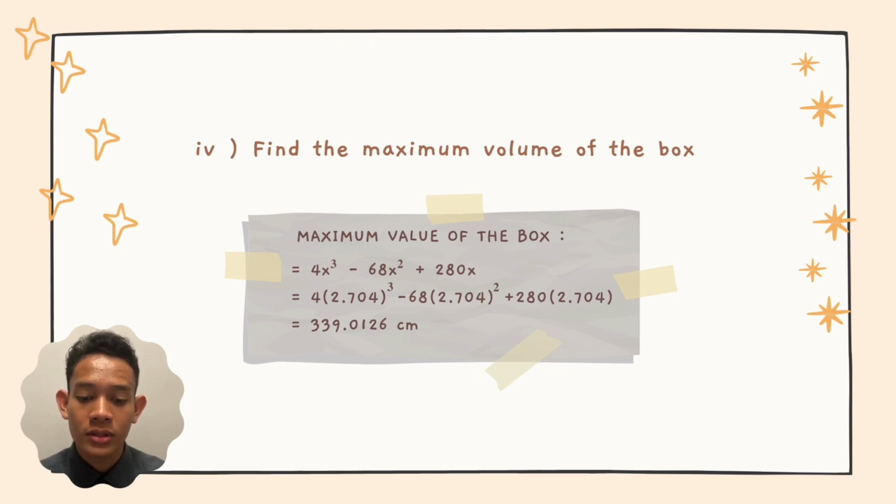From that, the equation will be 4(2.704)^3 minus 68(2.704)^2 plus 280(2.704), and then we get the answer, which is 339.0126 cm cubed.